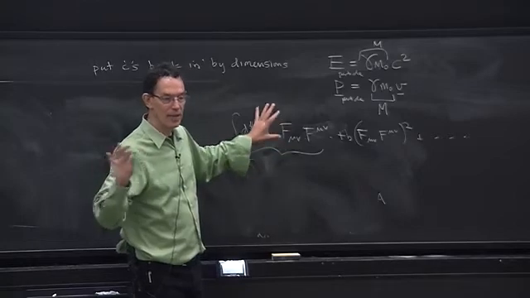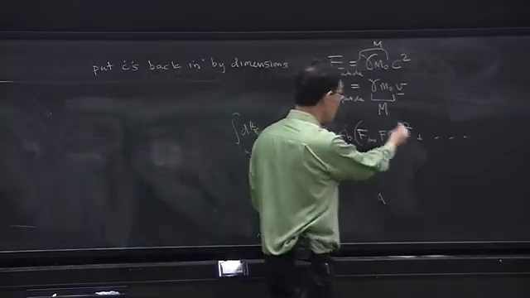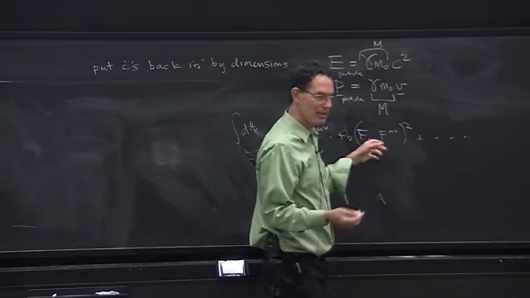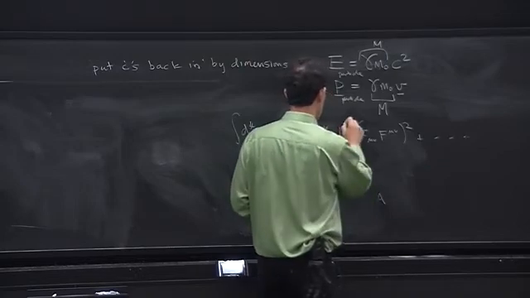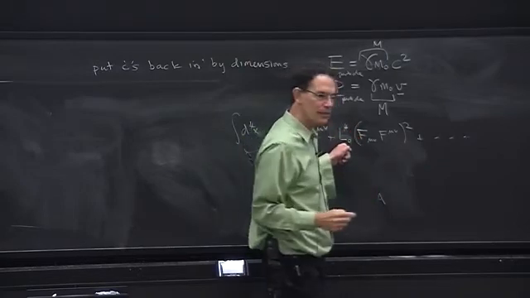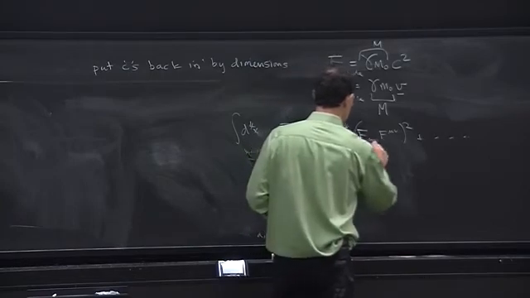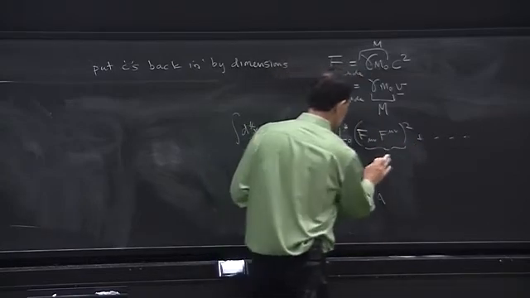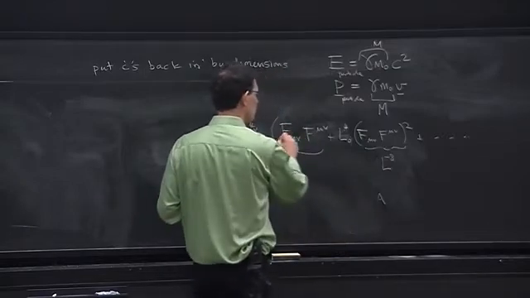That's nice. The action has to be dimensionless. But if I write this term down, this goes like 1 over length to the 8th. So what I need to do is introduce a fundamental length to the 4th here, because this has dimensions of length to the minus 8. So now the action will be dimensionless again.